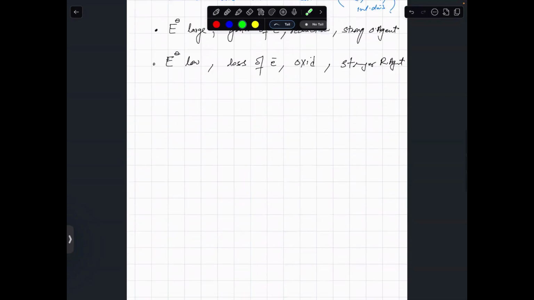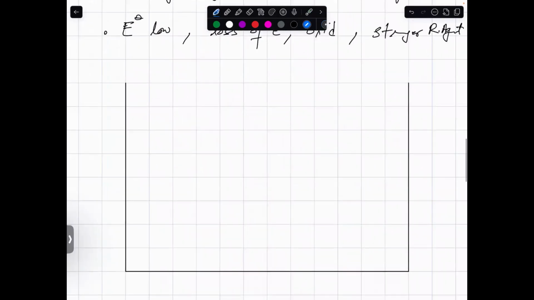Now, suppose there is this beaker. In this beaker, suppose there is chlorine gaining electron, making chloride, with E naught 1.36 volt.